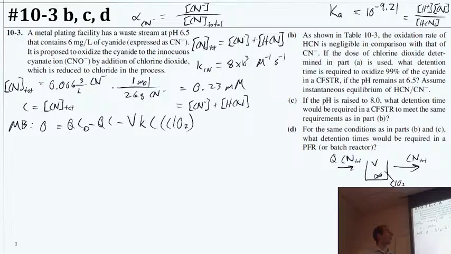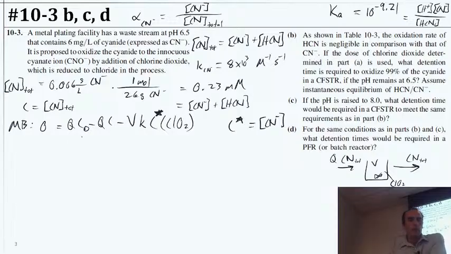The reaction is not actually acting on C, so we need to revise this. I'm going to put that as a C star for a moment and just say C star is Cn minus. Okay? So we need to handle that a little differently, but it would be very convenient if we could put it in terms of C, the total cyanide.